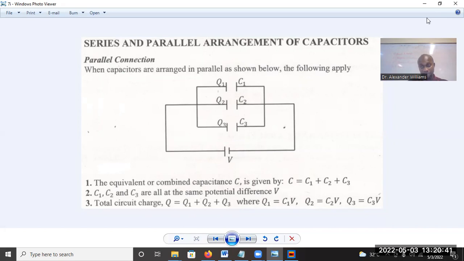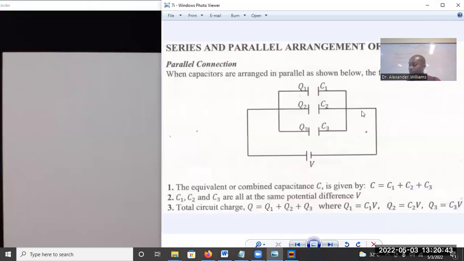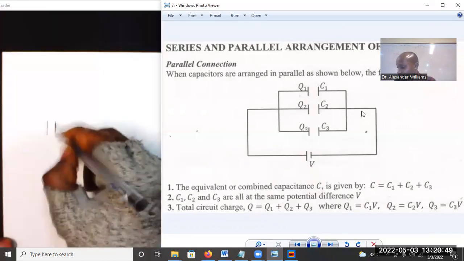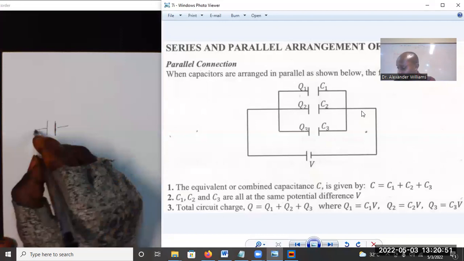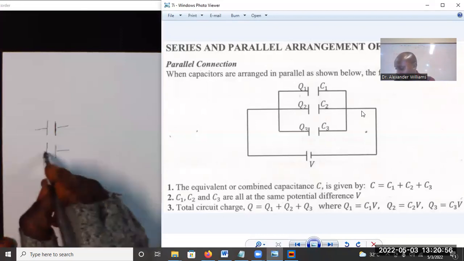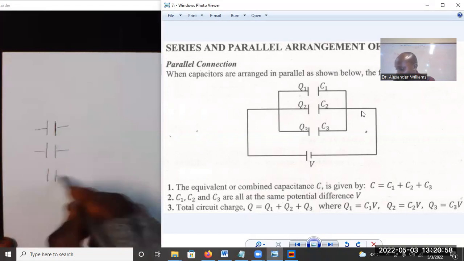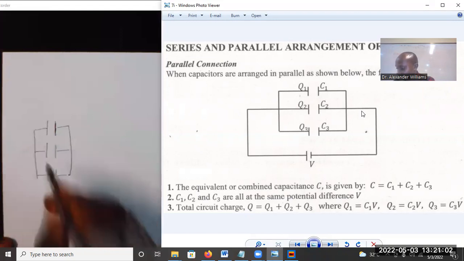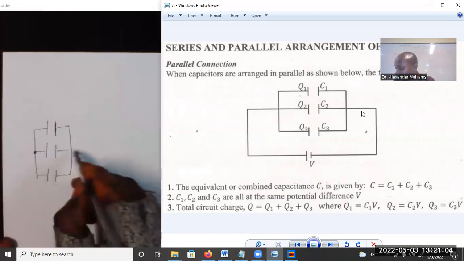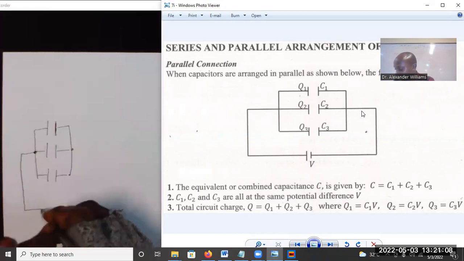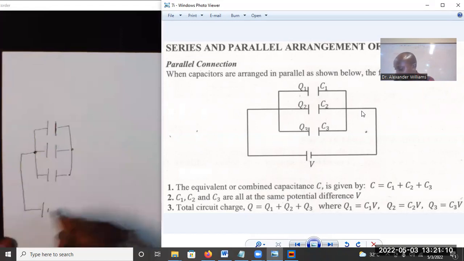This can be explained further if we consider, here is capacitor 1, and we have another capacitor here. They have this power connection where we have connected to a source of EMF, like a battery.